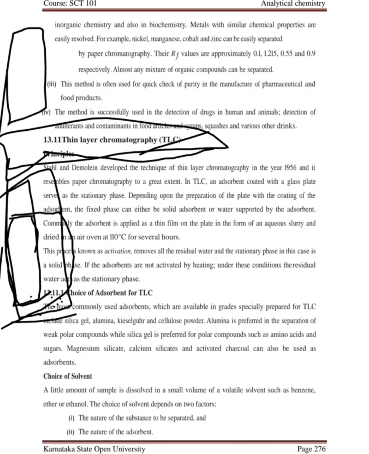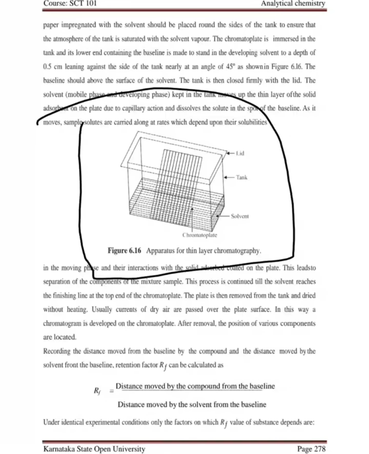Further, we run the mobile phase from the bottom, and it moves upwards. We calculate the retention factor, which is the distance traveled by the solute divided by the distance traveled by the solvent. See, this is the thin layer chromatography plate, which is immersed in a beaker or tank.